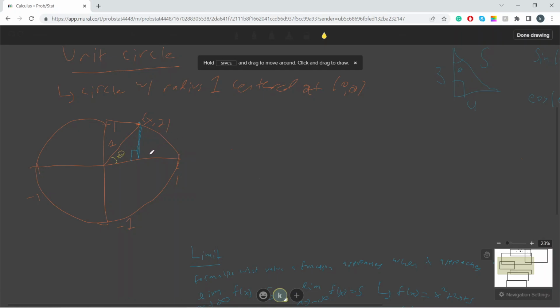And now what can we do here? We know that this point here is x, y. So what does that tell us? Well, we know that x is going to be simply this distance right here. We know that y is going to be simply this vertical distance. So what does this accomplish?